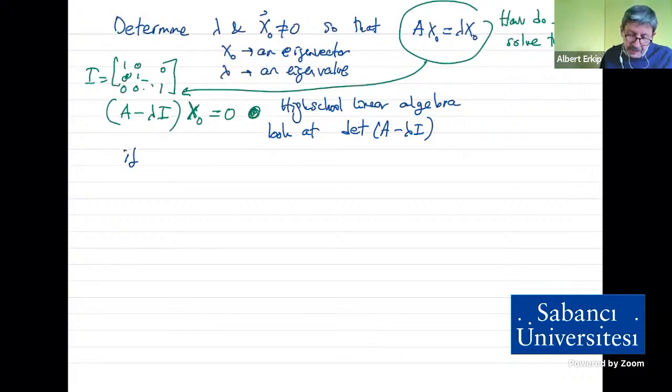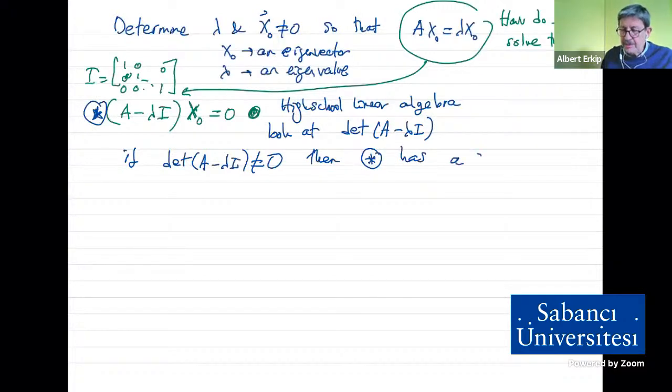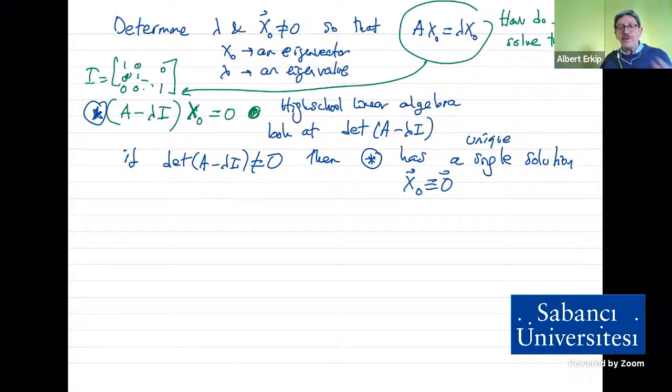If the determinant of A minus lambda I is different from 0, then this equation (star) has a single, unique solution, and this would be x0 equals 0. It satisfies the equation, but I want more solutions.